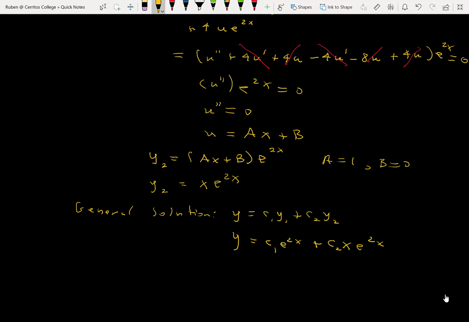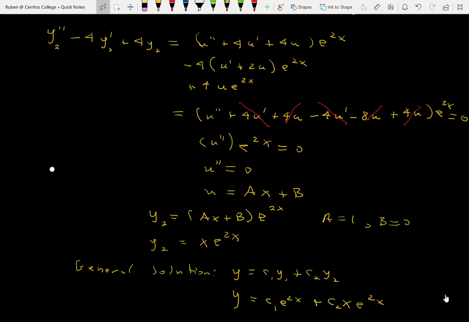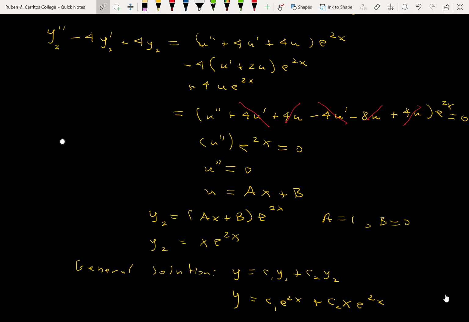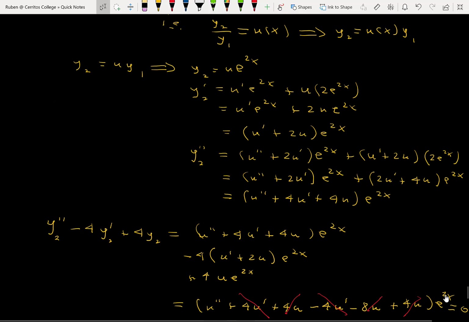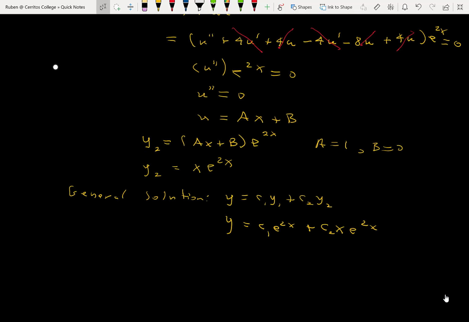And as mentioned just about a minute ago, we went through a lot of work to find y2. We won't have to go through this every time. What I wanted you to see is how that second linearly independent solution comes about. It comes about by forming the second linearly independent solution involving an unknown function u, and then finding out that the simplest possible value of u is x.